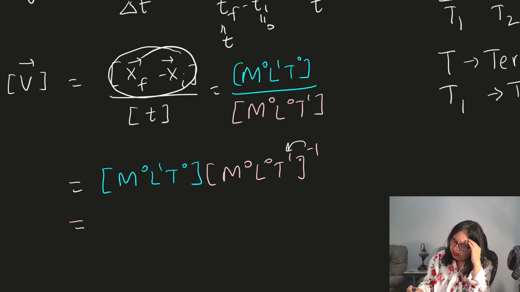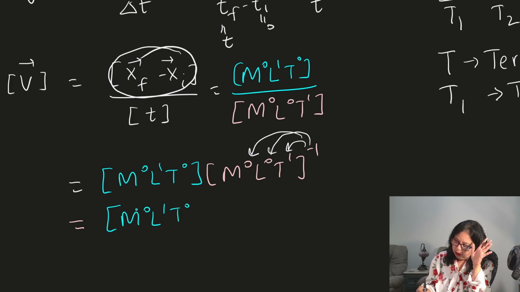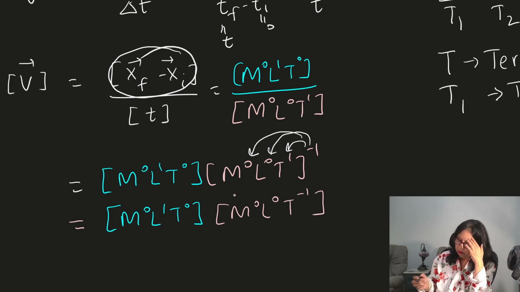So this -1 in the second dimensional formula multiplies each of the exponents, which is the exponent of m, l, and t. First one stays the same, m0, l1, t0. And the second one becomes m0, l0, t to the power -1. Very good. So this gives us m to the power 0 times m to the power 0, m to the power 0 plus 0.